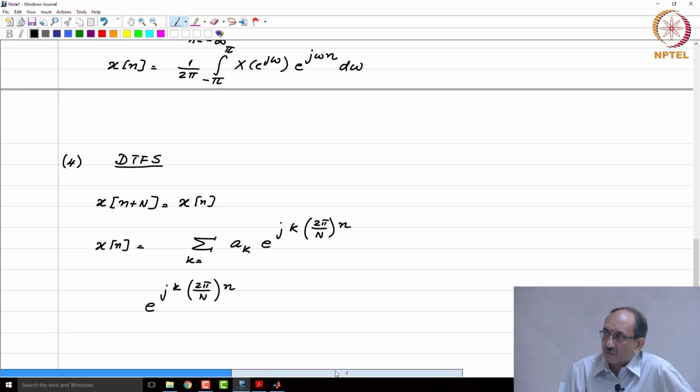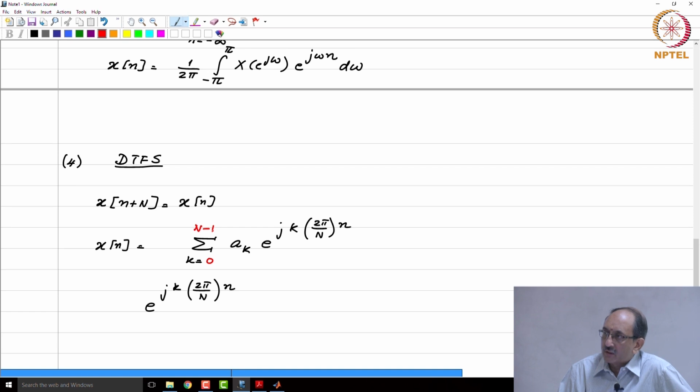Now, in this case, the number of basis functions is what? Finite, and it happens to be cap N, and hence you need to go only from 0 to cap N minus 1, because those are the only independent basis functions that are present, right.